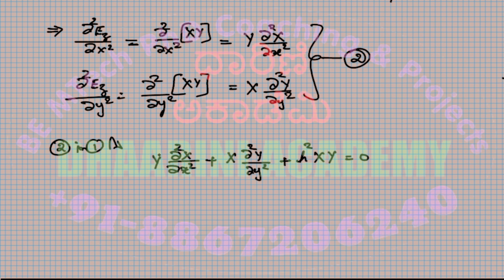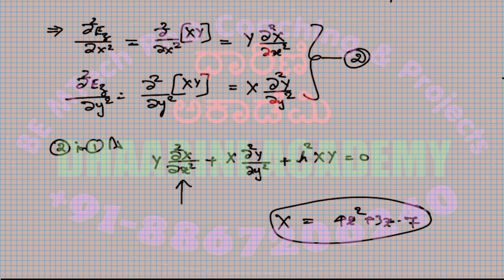My function capital X is a pure function of small x, correct? Could be something like capital X equals 4x² plus 3x minus 7. It is a proper function of small x. There is only one variable.